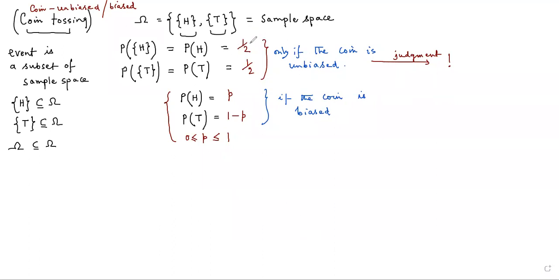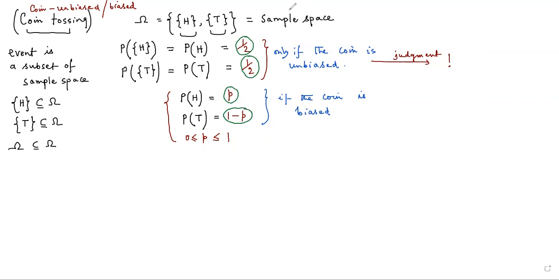Now remember one thing, we do not actually calculate the probabilities, we thrust the value on the event. We put these values for the unbiased scenario, and other values for the biased scenario. So probabilities are actually not calculated, they are assumed.